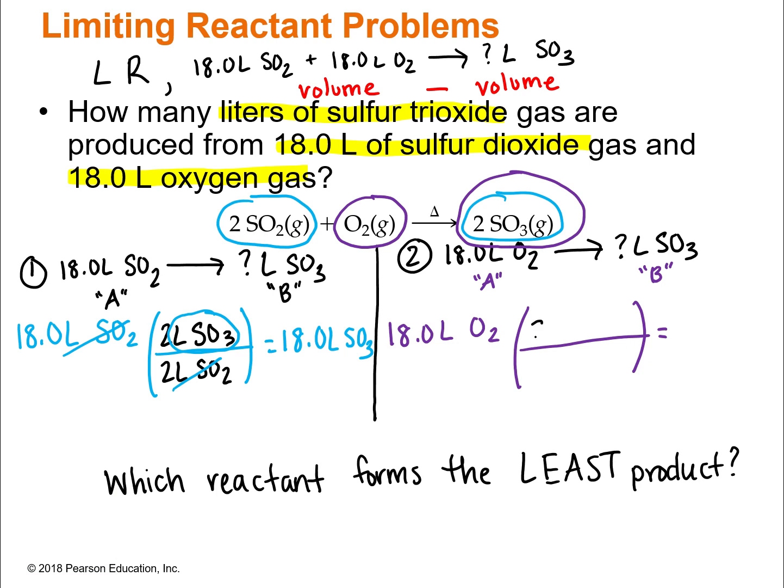Still have the SO3 on top, and the oxygen goes on the bottom. When you multiply 18 by 2, you get 36.